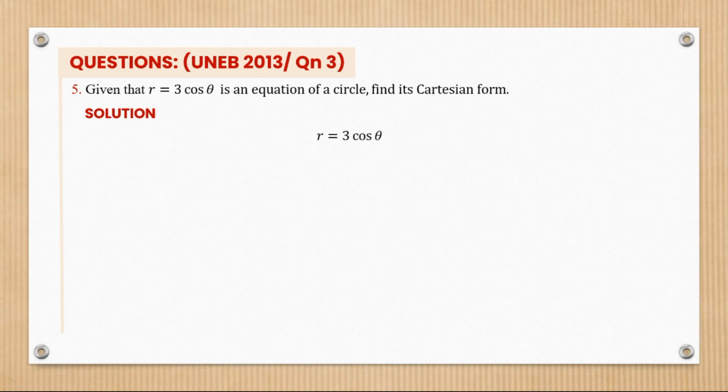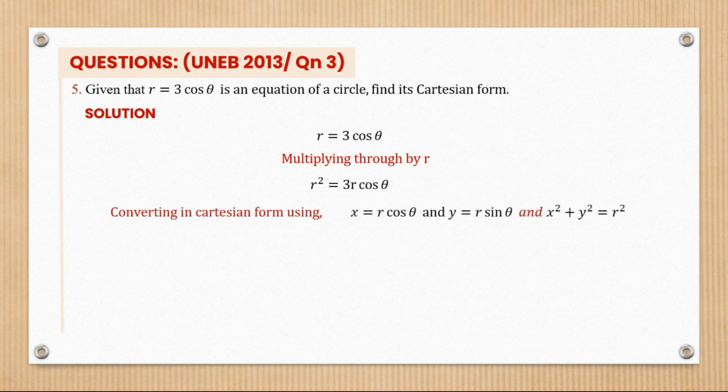Alright, so we have r is equal to 3 cos theta as the equation of the circle. The first step shall be to multiply through by r. When I do that, I'll have r squared is equal to 3r cos theta. Next, I'm going to convert into the Cartesian form using x is equal to r cos theta, y is equal to r sin theta, and x squared plus y squared is equal to r squared. So I substitute r squared with x squared plus y squared.